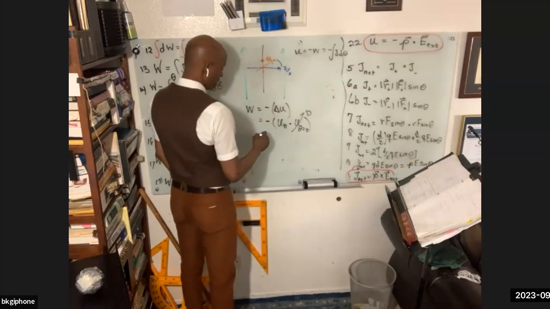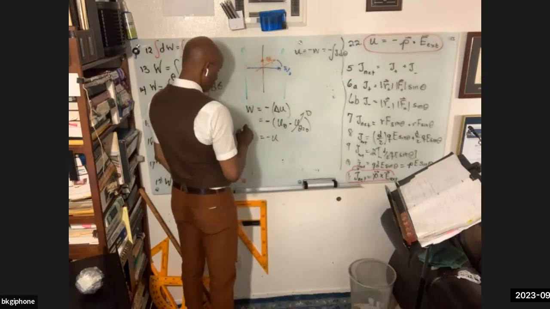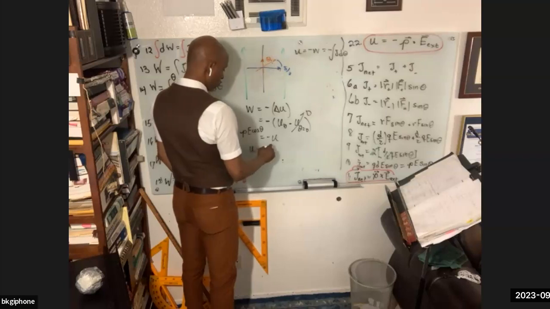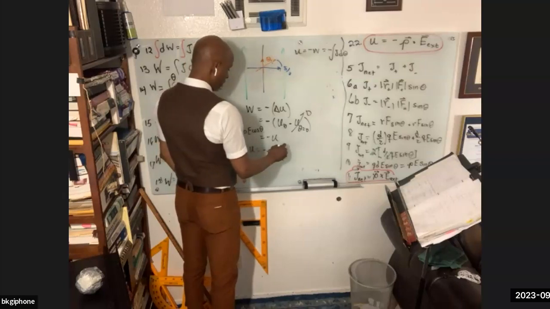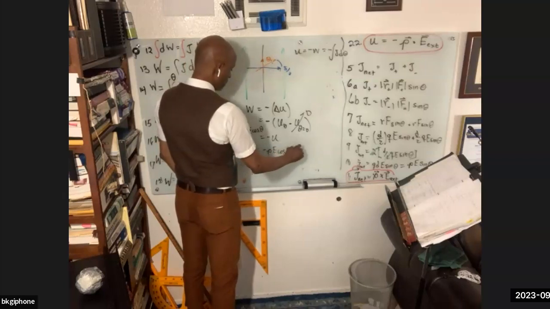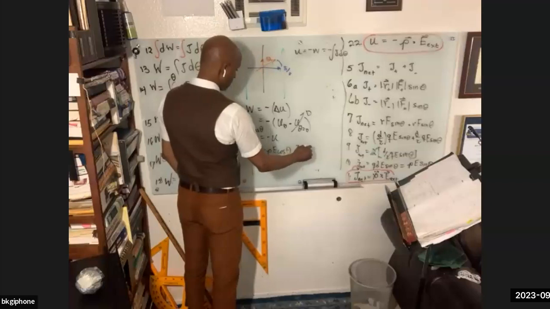And then that gives me the minus U with W, which is p e cos theta. So that would then define U as equal to minus p e cosine theta, which is equal to minus p dot e.